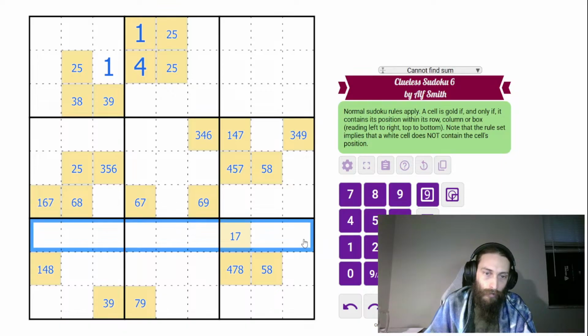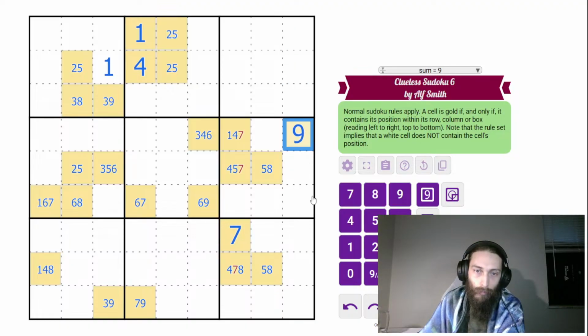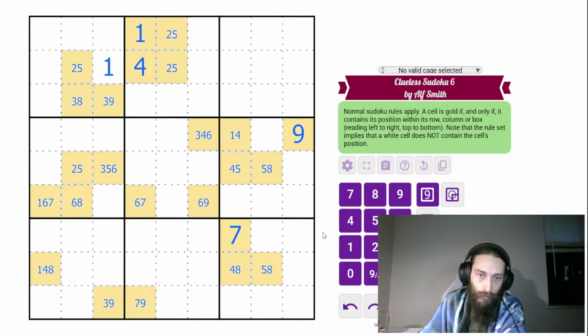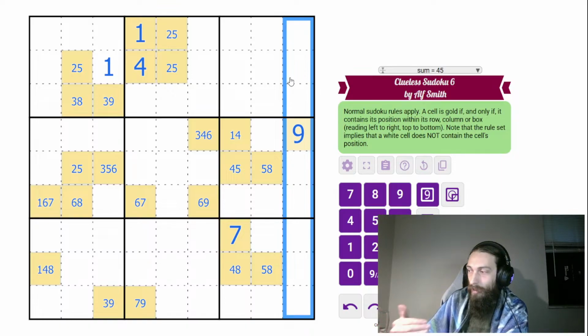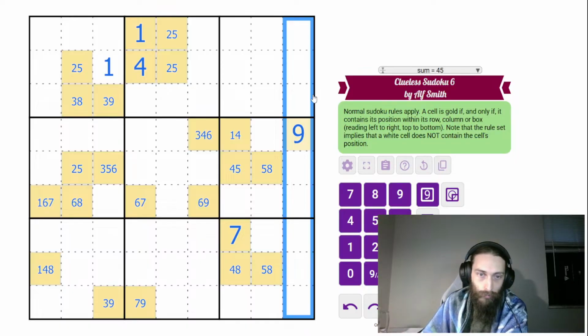And then row 7, it would have to be here, and then in column 9 the same thing would have to occur. Because I couldn't put a 7 in any of these, because they would have to be the 7th position in their column. And the same with this one, they're the 9th digit in that row.